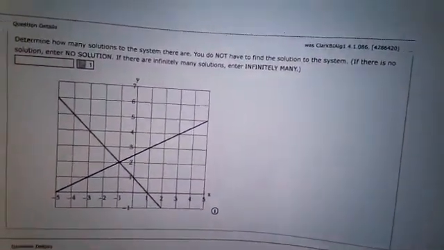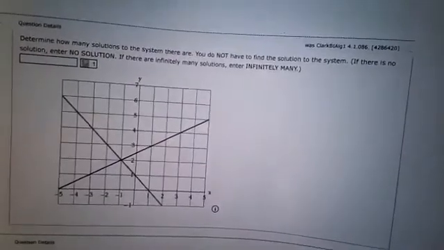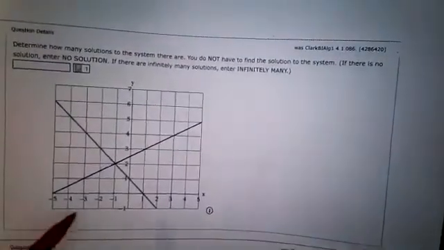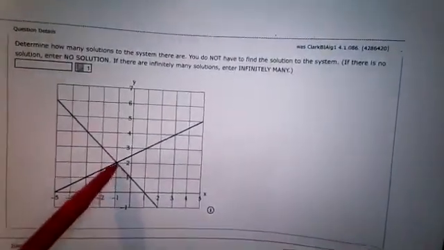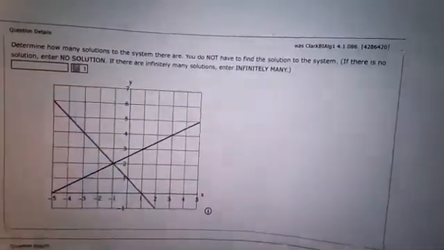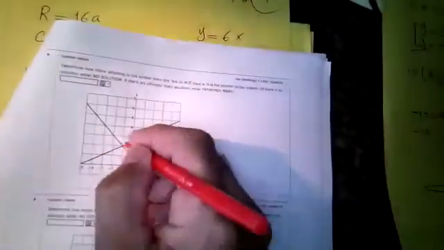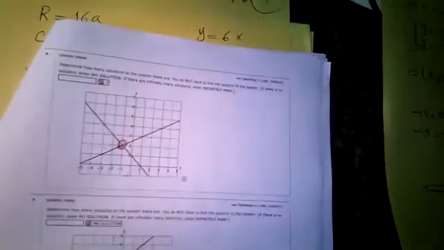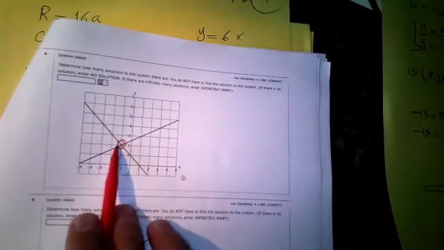Point of intersection is solution of the system, right? So look, they have only one point of intersection. So the solution is 1. There is just one point where the lines intersect. They call this point of intersection or solution of the system.